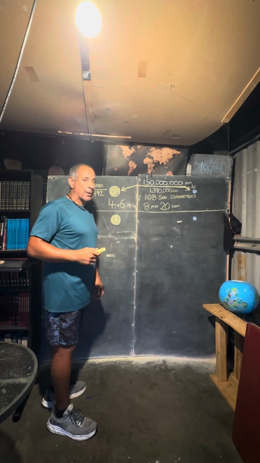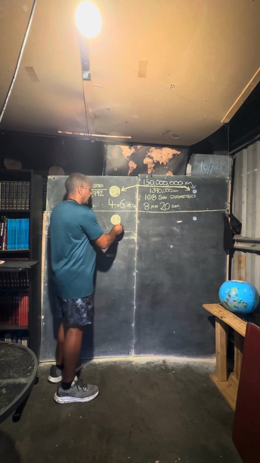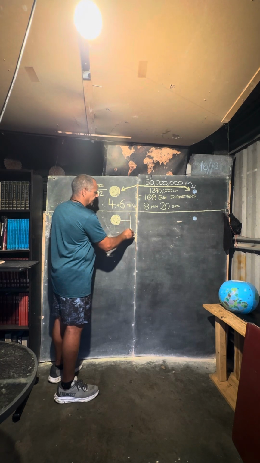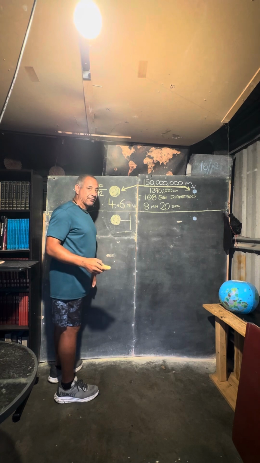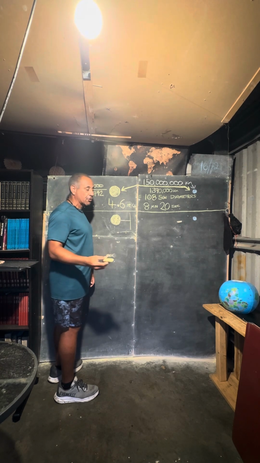This is where the alarm bell should be ringing right now. The sun's diameter is about there, with a diameter of 1,390,000 kilometers, speed of light 299,792.